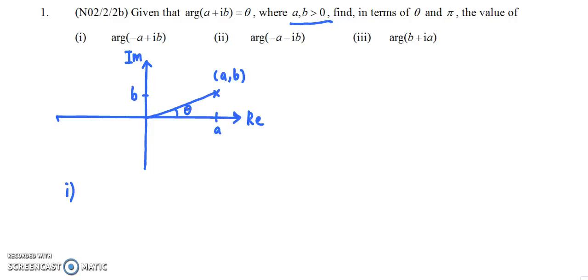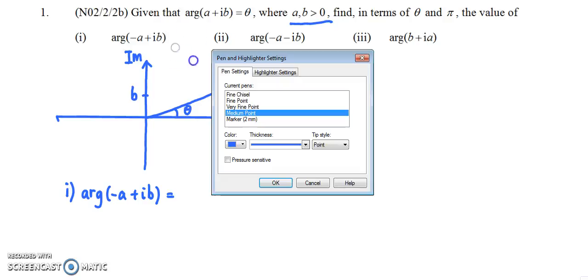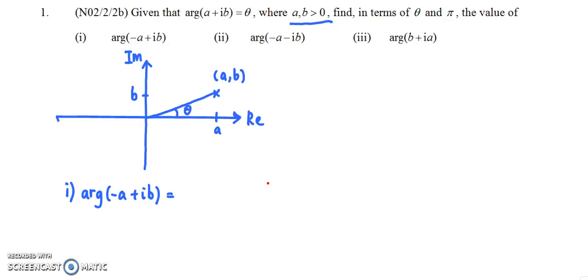Part 1 is asking us to find the argument of negative a plus ib. So we will need to now locate where this complex number is. For this particular complex number, its real part is negative a, so it will be somewhere on the left of the imaginary axis with a distance of a.